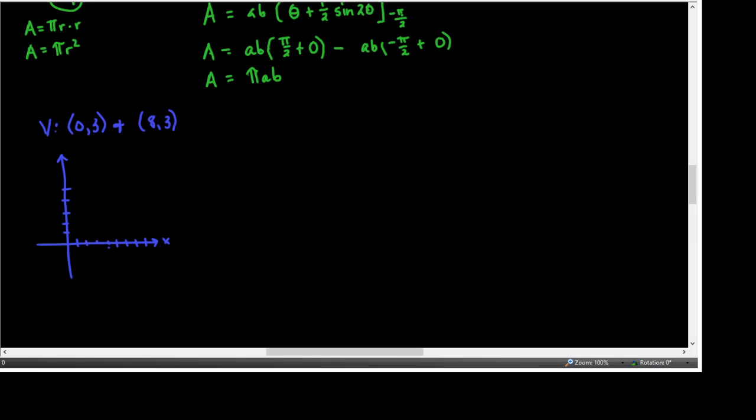But I'm going to be a bit of a chicken and draw the picture. So vertex at (0, 3), another vertex at (8, 3). Where's the center? Well, obviously it's halfway in between, so it has to be at (4, 3).